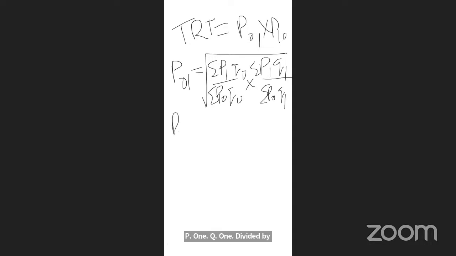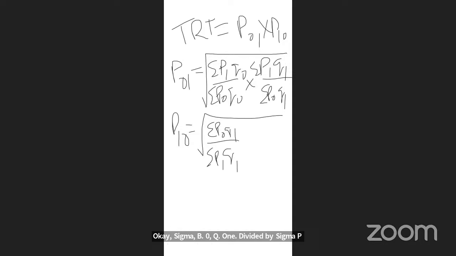Now P10 is the same thing: sigma P0 Q1 divided by sigma P1 Q1 into sigma P0 Q0 divided by sigma P1 Q0.